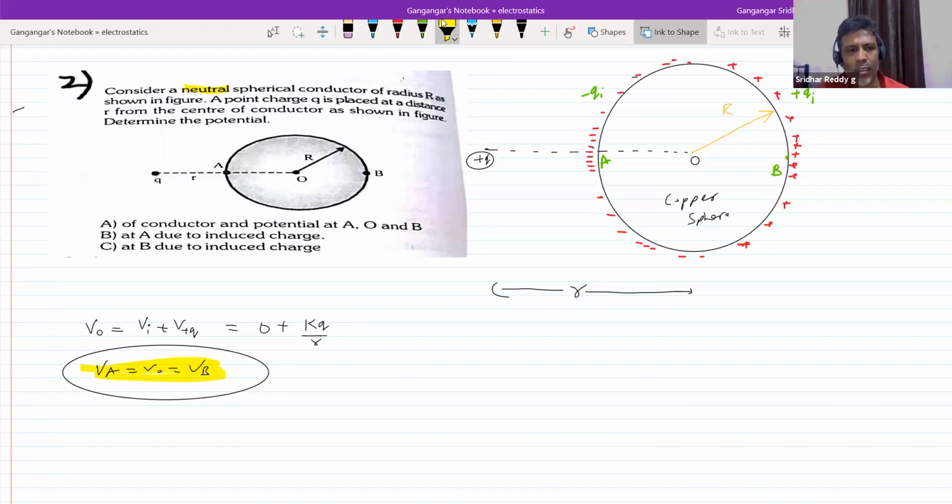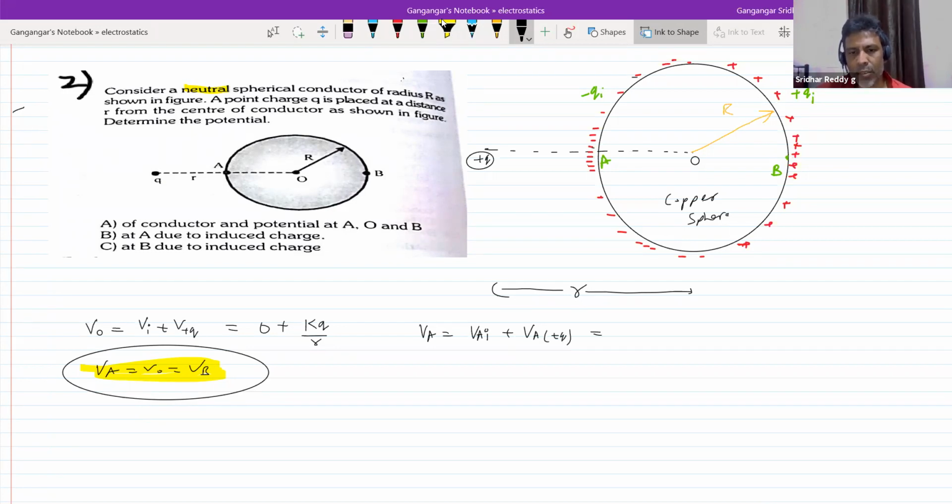Okay, let's come to at A due to induced charge, at B due to induced charge. How to get only the induced charge part here? The potential at A is due to what? Due to induced charge plus due to point charge, no? So I'll use the superposition principle. Potential at A is equal to potential at A due to induced charge plus potential at A due to point charge.